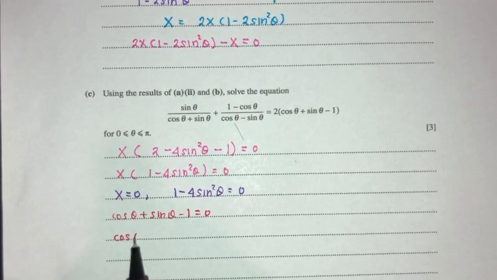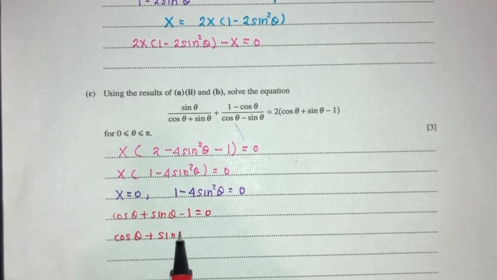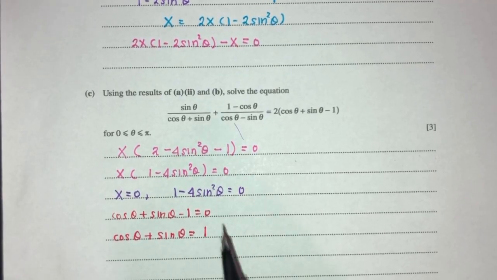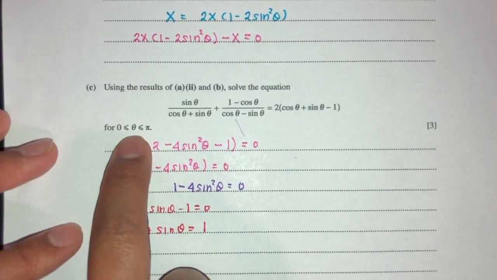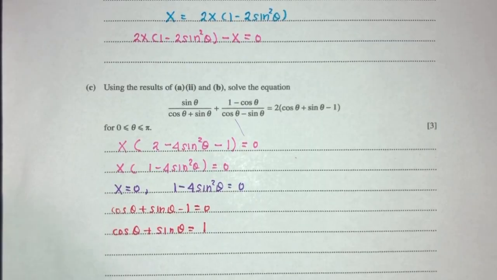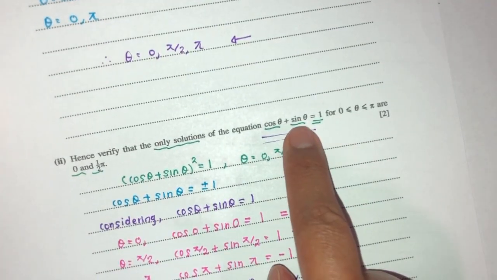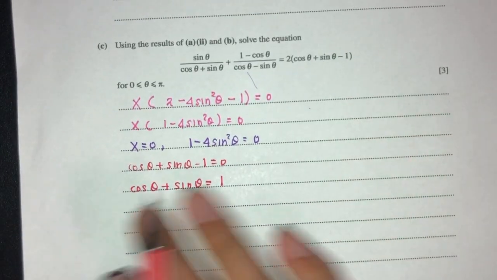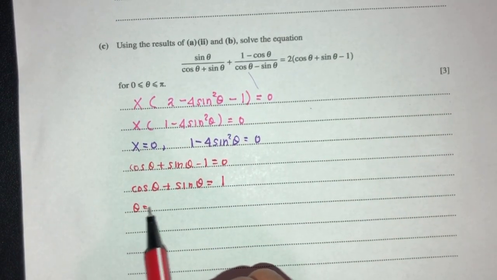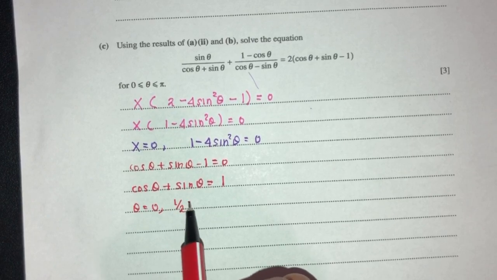Therefore, I have seen this before, right? From question part A2, this question right here. So it is the same domain, as you can see from question A, same domain, these two values, 0 and pi by 2. So for this equation, you will have theta, 0 and half pi.